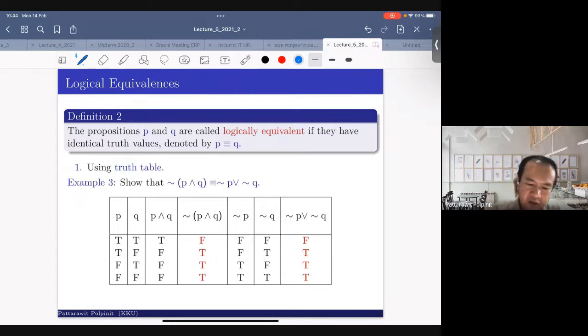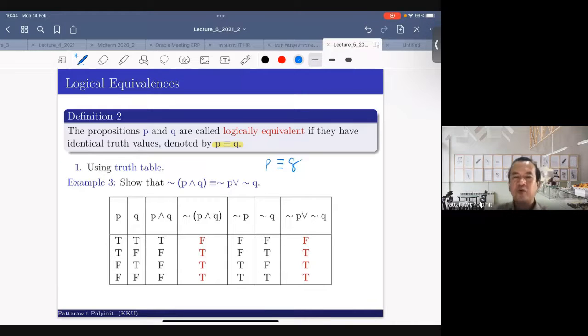So basically we say that P and Q are logically equivalent. We use this symbol, the equivalent symbol, similar to the equal symbol. So P is logically equivalent to Q, and we write it like this.